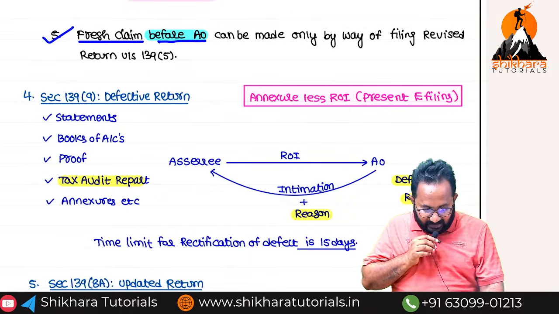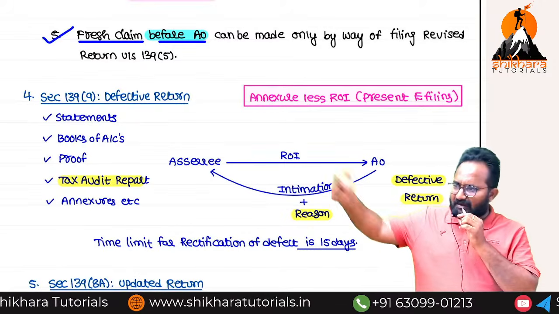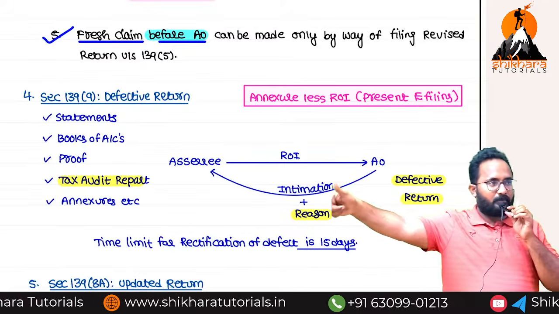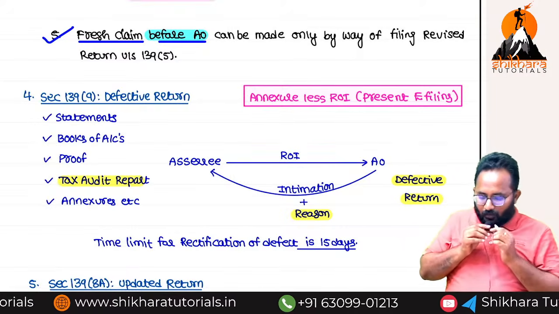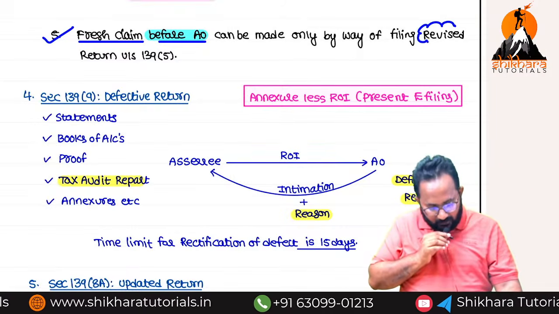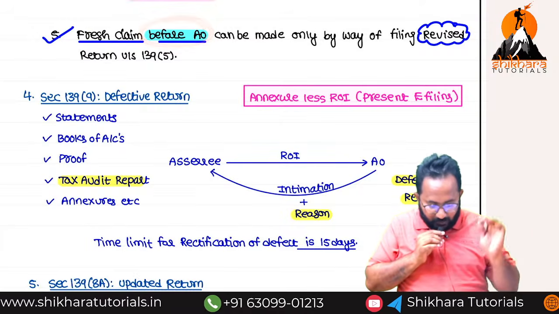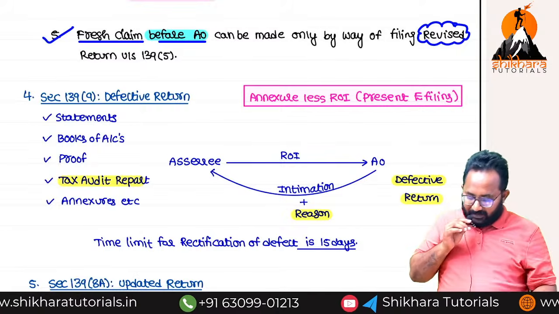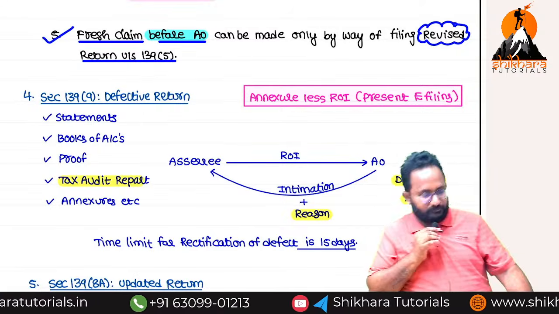A fresh claim before the AO. How can I claim? Already I sent one return of income to the AO, but now I want to claim one fresh claim. How? By way of filing a revised return. Simply, a fresh claim before the AO. If you want to claim directly, you can claim by using the revised return.